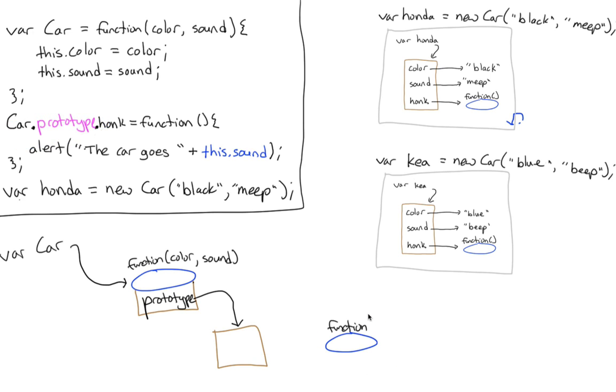Now JavaScript reads from left to right. Whenever we have dot syntaxes, it's going to see car first, then prototype, and then honk. When JavaScript sees the variable car, it looks for the variable car in space. When it finds it, it follows the arrow to see that this function is the value of that variable.